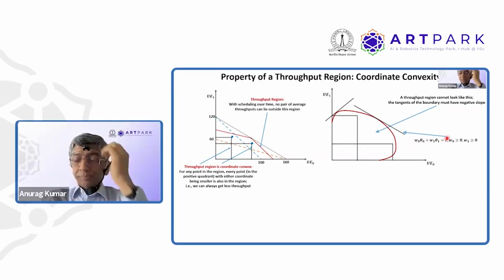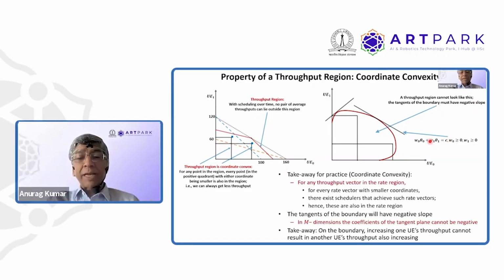Okay. So, what's the takeaway from practice? For any throughput vector in the rate region, for every rate vector with smaller coordinates, there exist schedulers that achieve such rate vectors. Hence, they are also in the rate region. The reason is you can always waste time. The tangents of the boundary will have negative slope, like shown out here.